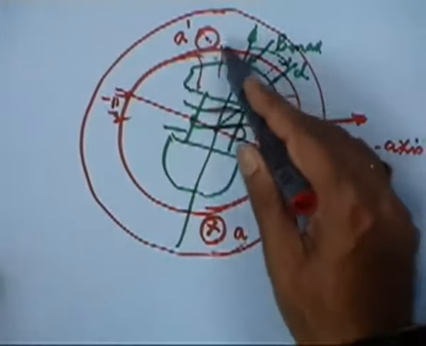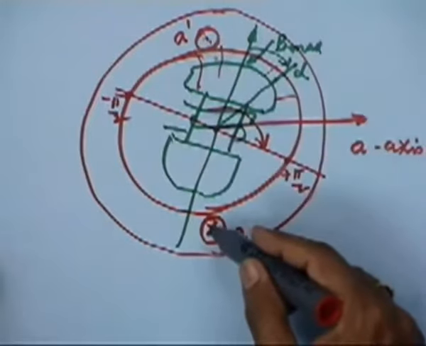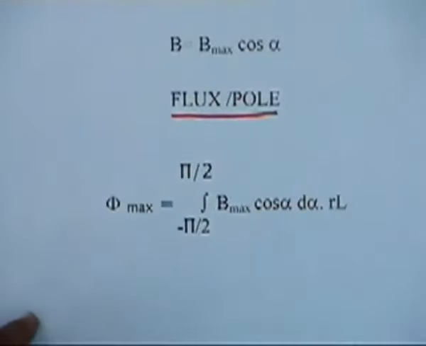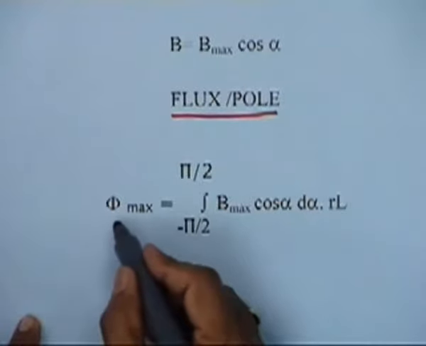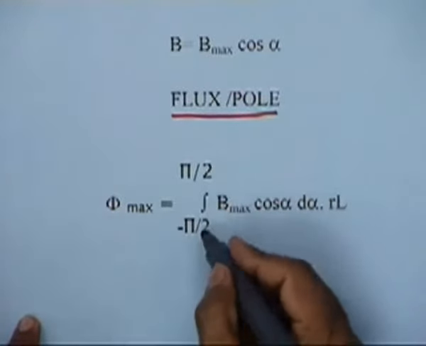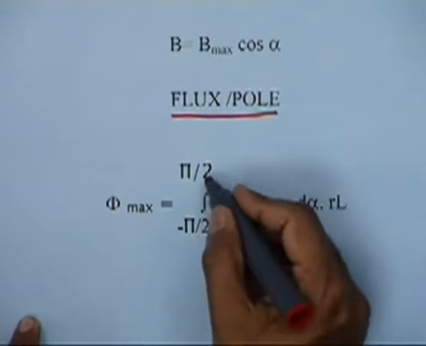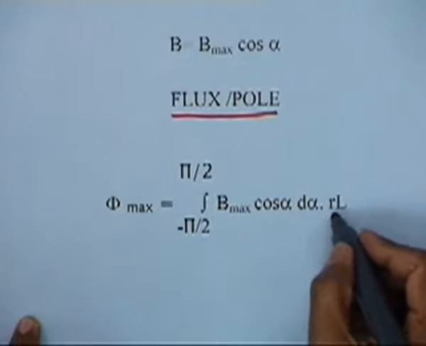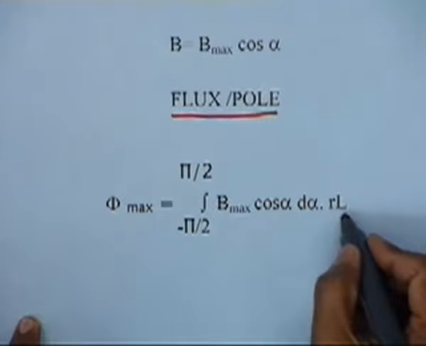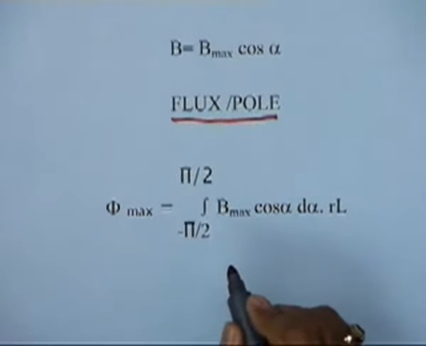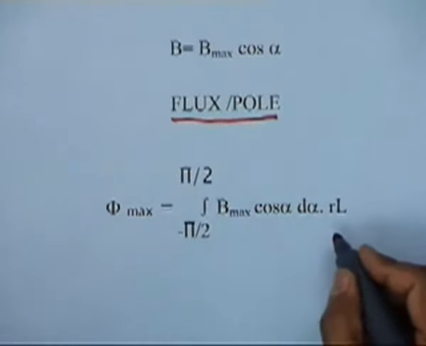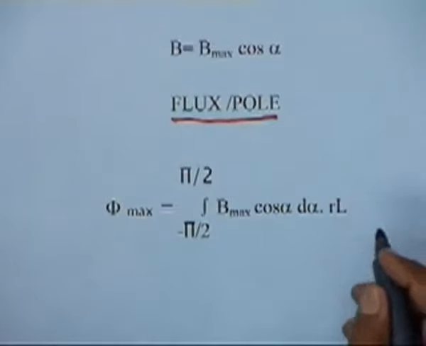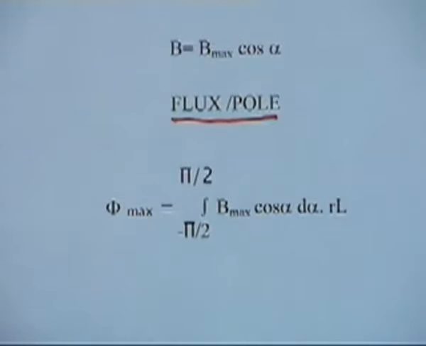So the flux per pole is phi max, which is the integral from minus pi by 2 to plus pi by 2 of B max cosine alpha d alpha into R into L, where R is the radius and L is the length at the air gap.